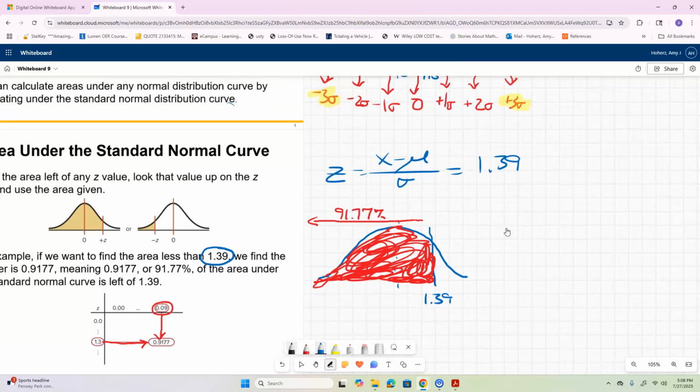If 91.77% of the data is to the left, then that means over here is the rest of it. Well, remember that together it has to make 100%. So to get to the right side, we'd have to take 100% minus the 91.77% that was to the left. So if we did 100 minus 91.77, we're going to get 8.23.